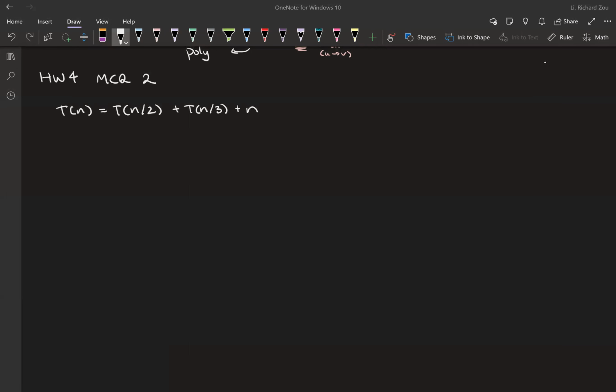Because if we suppose T(n) is O(n), then substituting it in, we find that this is approximately n/2 + n/3 + n, and this comes out to less than 2n.